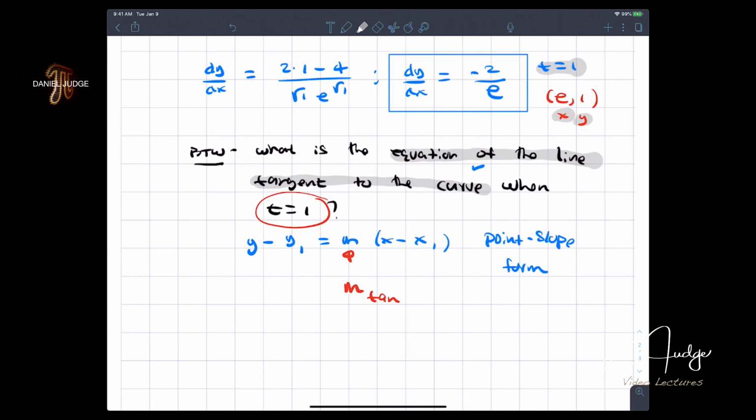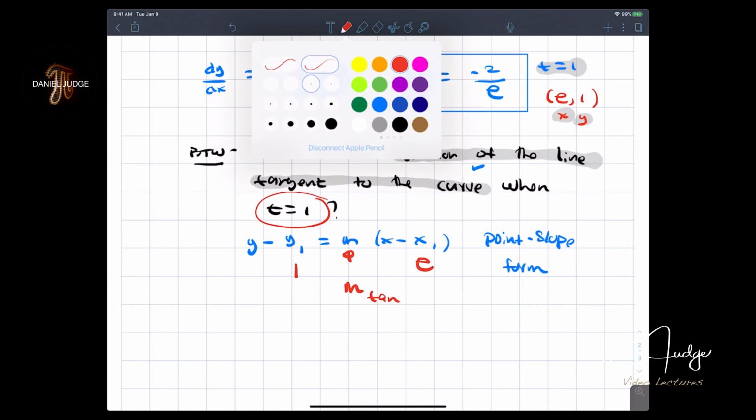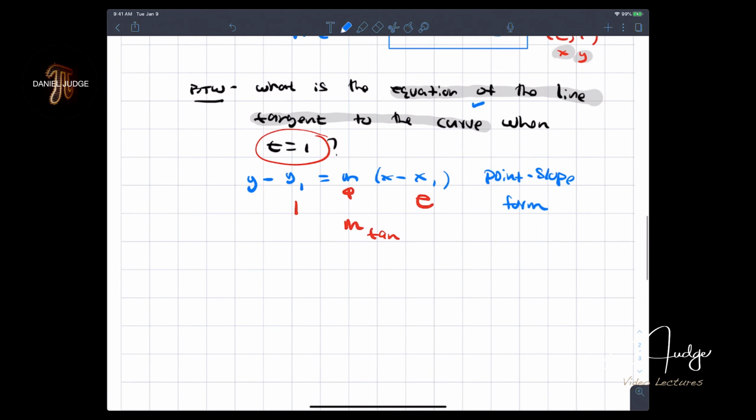So this is my x1, y1 from algebra and calculus. So y1 is 1, x1 is e. And what you end up with is y minus 1 is really m tangent times x minus e. But what is m tangent?